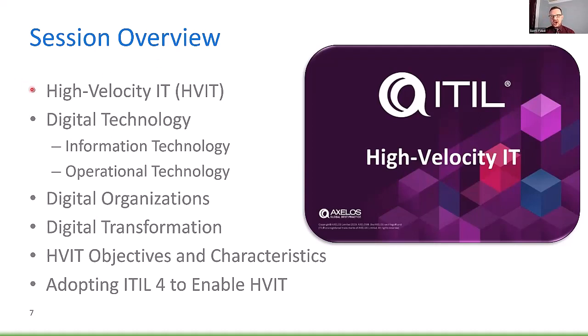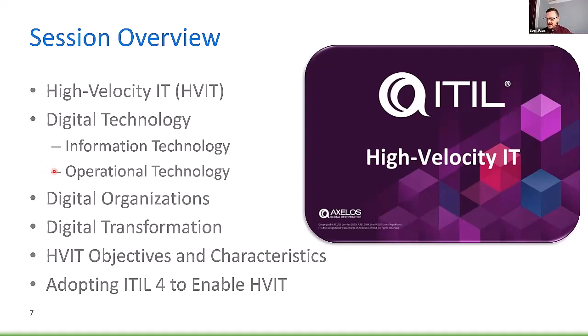We're going to talk about high velocity IT in broad strokes, after which we'll dig a little bit deeper into the details by talking about digital technology. And we're actually going to break that out into both information technology, or IT, and operational technology, or OT.